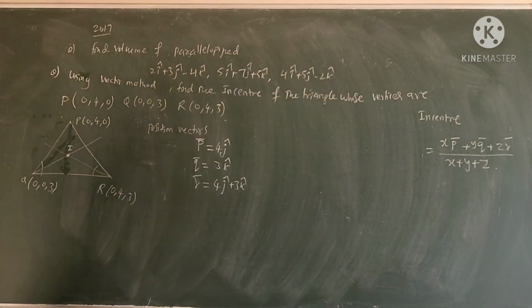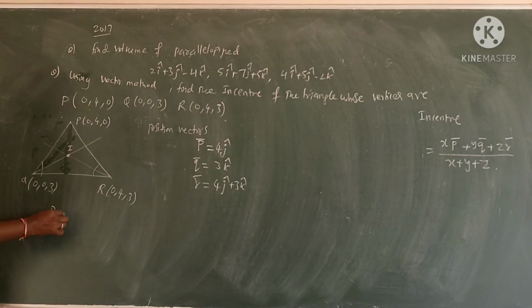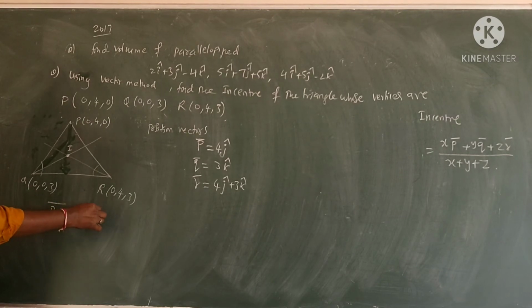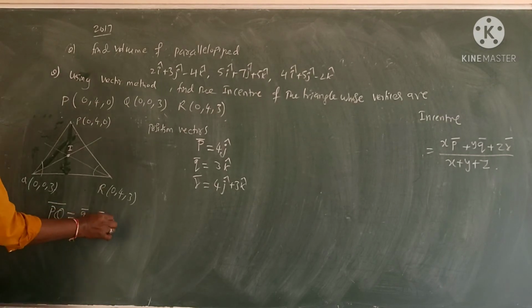For x, y, z, I have to find these vectors now. Now tell me, what is PQ vector? Let me do PQ now. First I do PQ. PQ vector is equal to Q vector minus P vector. So what is Q vector here?